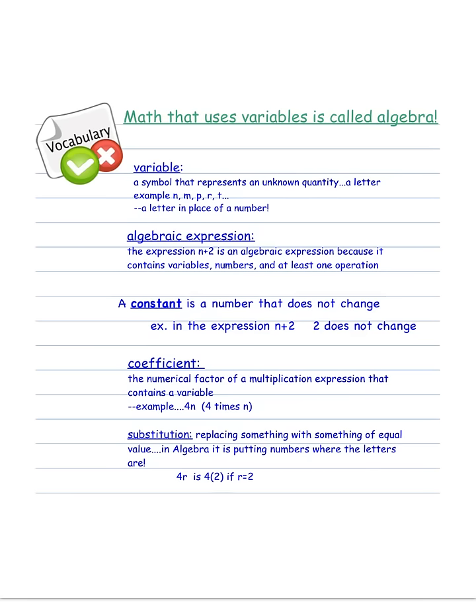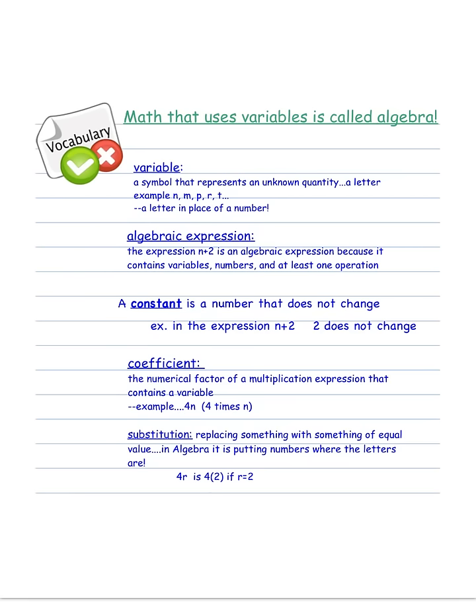An algebraic expression. So here's an example. The expression n plus 2 is an algebraic expression because it contains variables, numbers, and at least one operation. So it has a variable, our letter n. It's got the number 2 in there, and one operation, which in this case is addition. So that's what makes an algebraic expression.